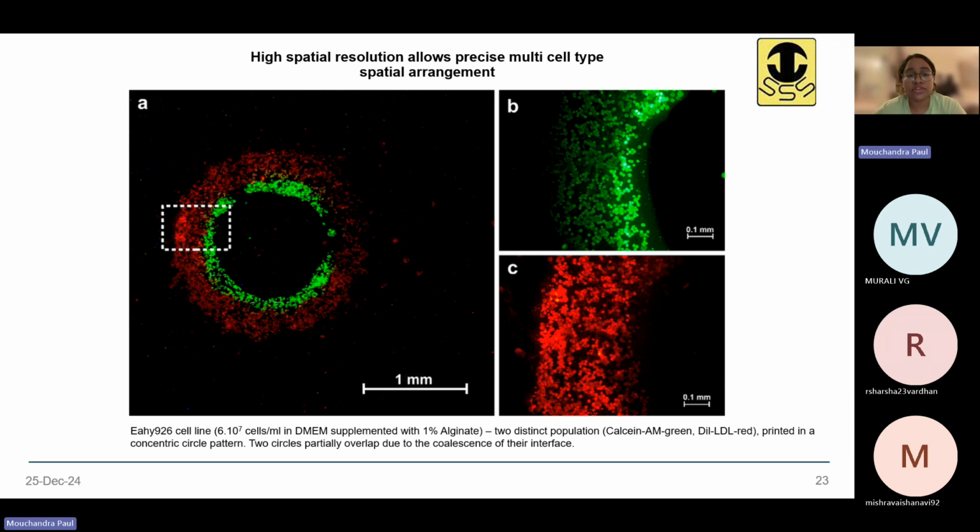A higher resolution is achievable because the two rings have less overlap. You can make out the rings very well. Okay, so this technique is able to print multiple types of cells at a high spatial resolution.